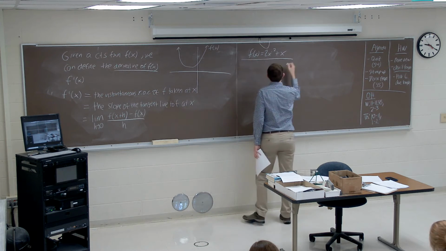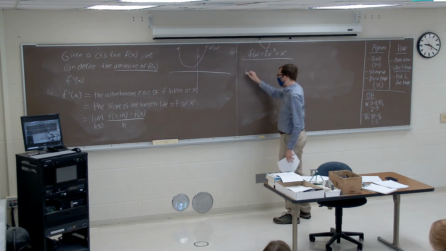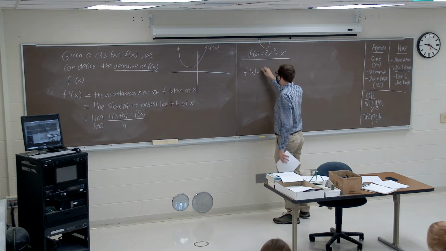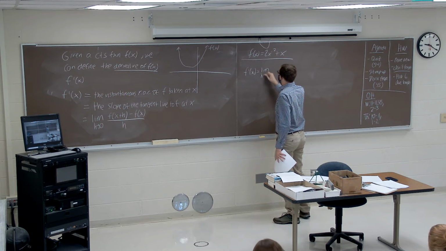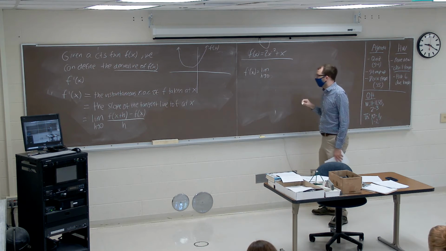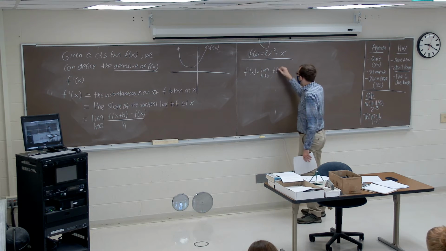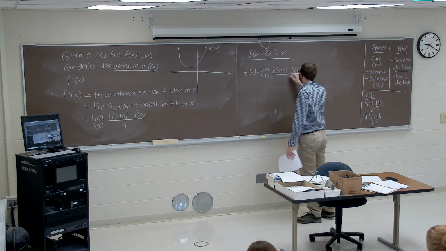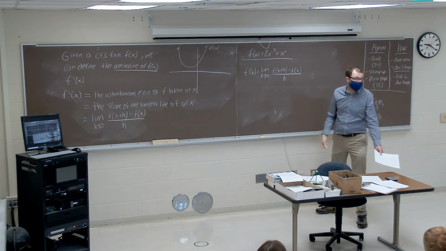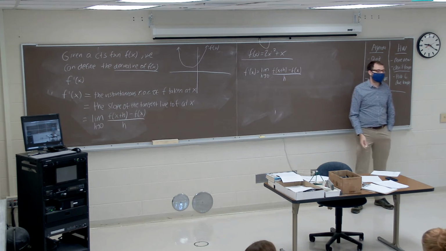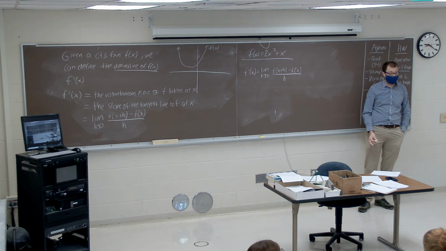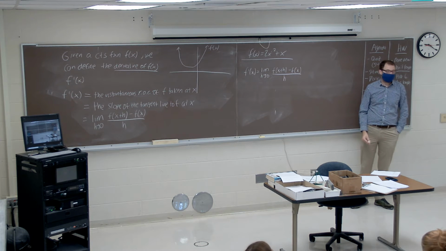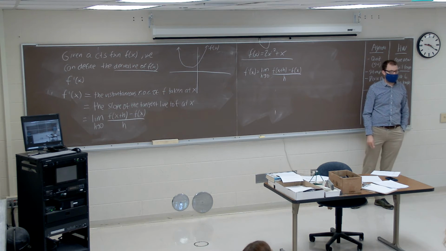And so if we want to find the derivative of this function, we're going to need to take a limit as h goes to 0 of f of x plus h minus f of x all over h. And we're going to go through the same process we did in standard 4, but this time we're going to have x's showing up instead of just constant values.